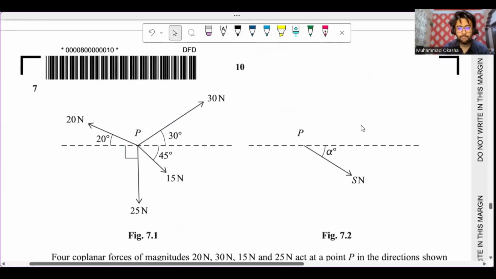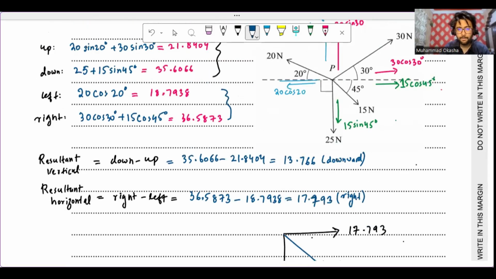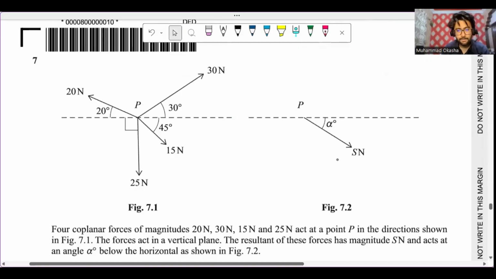Now the entire problem, and a picture this huge, boils down to just this. This is the resultant horizontal. This is the resultant vertical. Let's work out their resultant. The resultant is going to be somewhere over here, which is exactly what we need to find out, which is S. This is the resultant, S newtons.